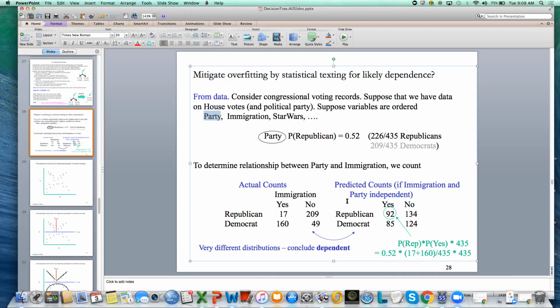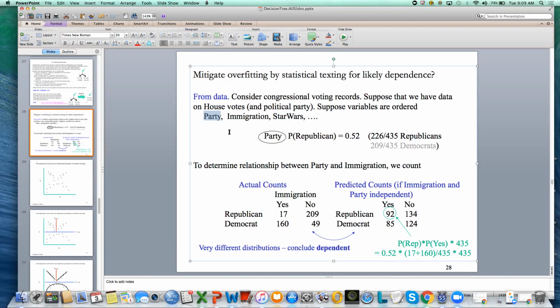And we compare the distribution. This is one way of doing it. We would compare the distribution under the assumption of independence with the actual distribution. And the chi-squared measure would say, are these sufficiently different to judge them to be dependent versus independent? And in this case, the chi-squared measure, at least at reasonable levels of confidence, would say, yeah, these are sufficiently distinct. Conclude that the relationship between party and immigration is meaningful, and go ahead and branch on immigration. Okay?